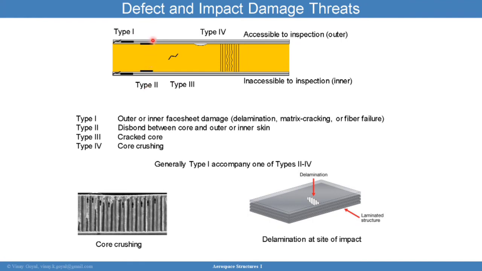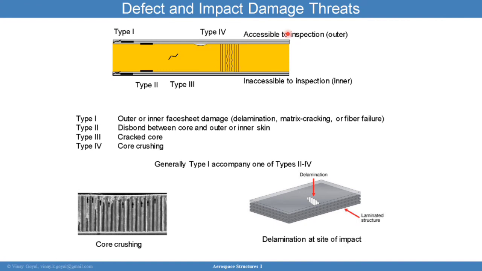So this kind of defect could be a problem when the composite is under compression loading. You also have the type 3 damage, where you have a cracked core due to an impact damage event, and then a type 4, where you have this core crushing event, as you can see here.